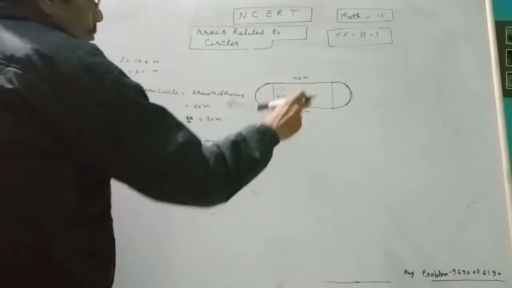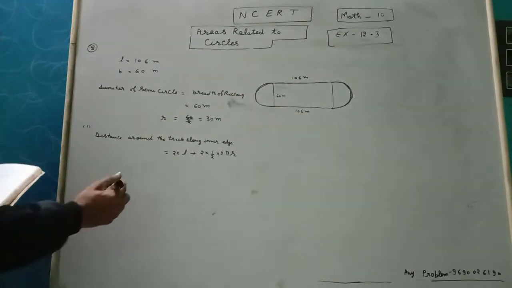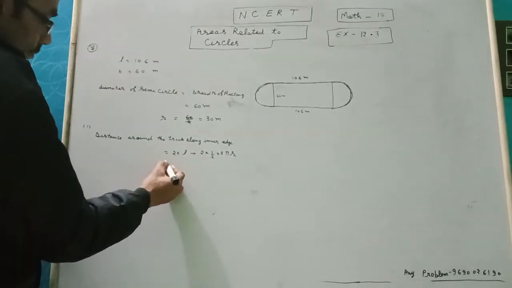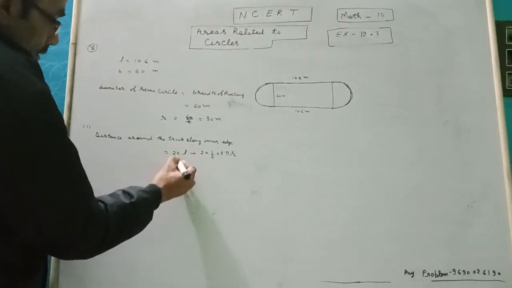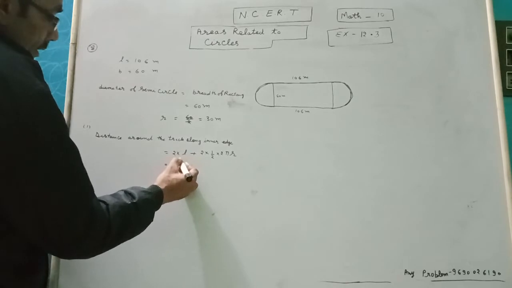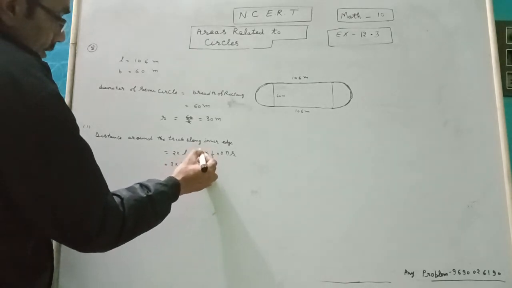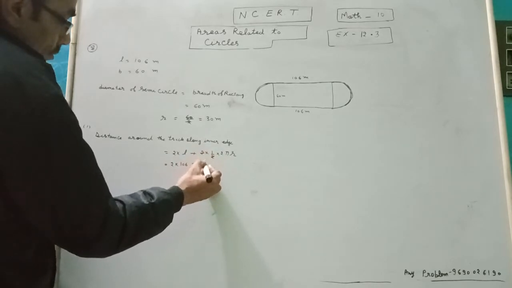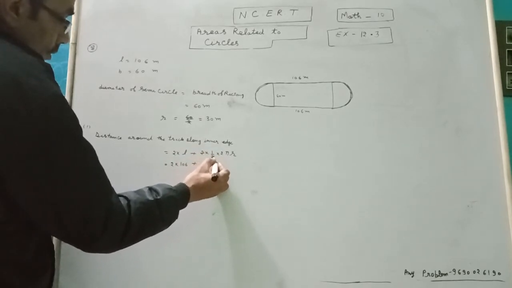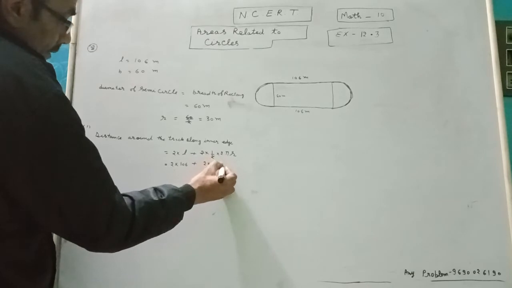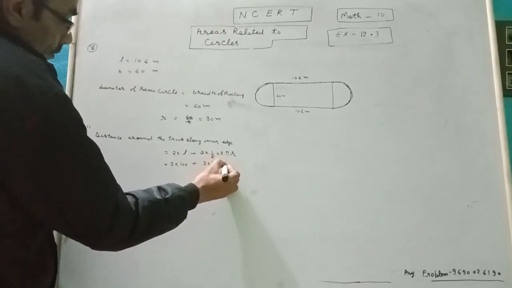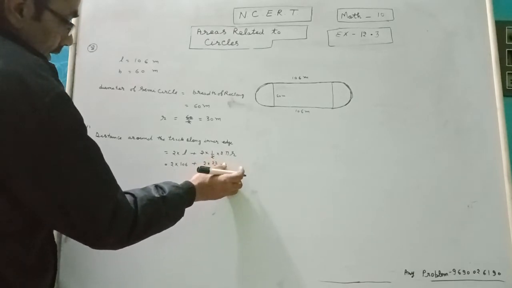These are two semicircles. Put the values: 2 into L value is 106 meter, plus 2 divided by 2, 2 into 22 upon 7, R value is 30.